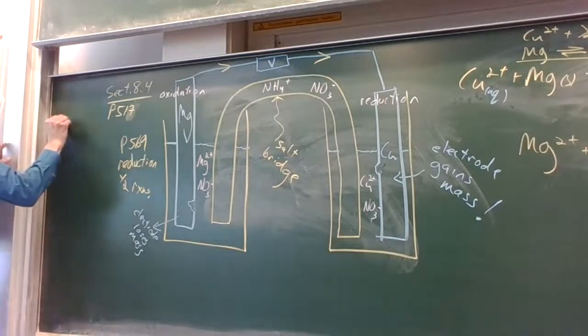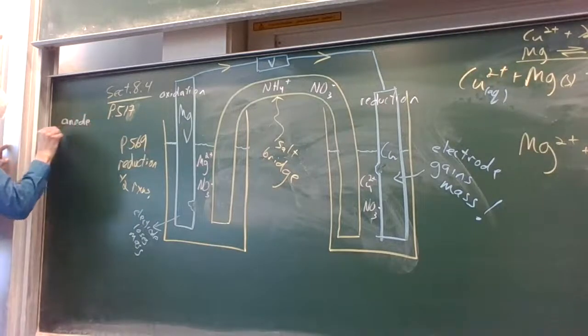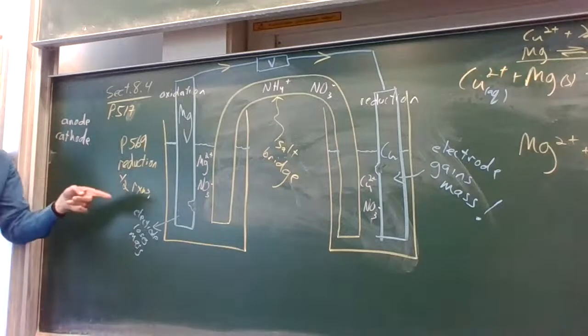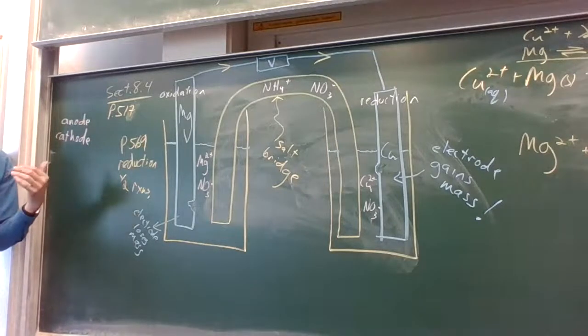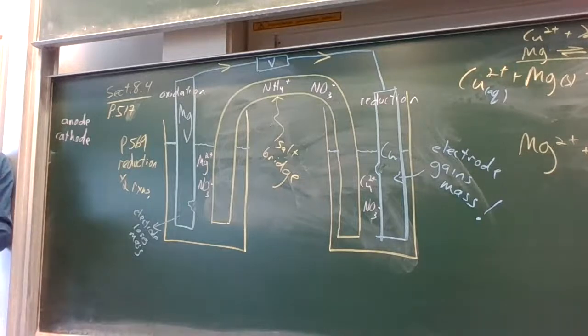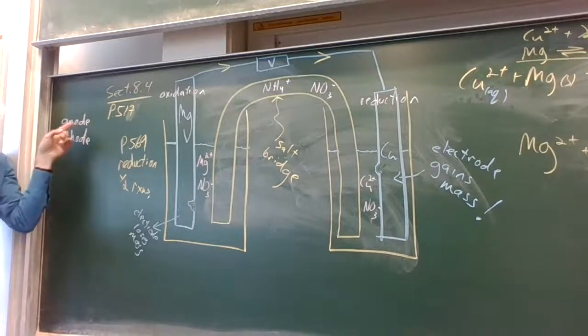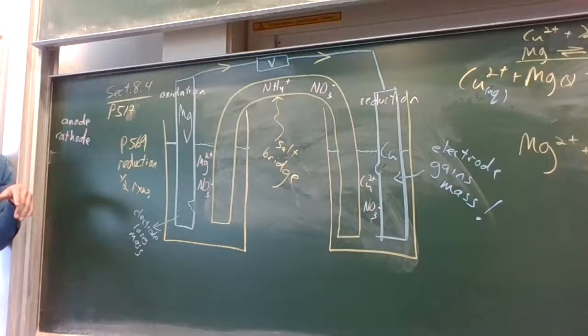There's two words, anode, cathode. One of these electrodes is called the anode, the other is the cathode. Here's how you're going to remember it. Anode and oxidation both start with a vowel.